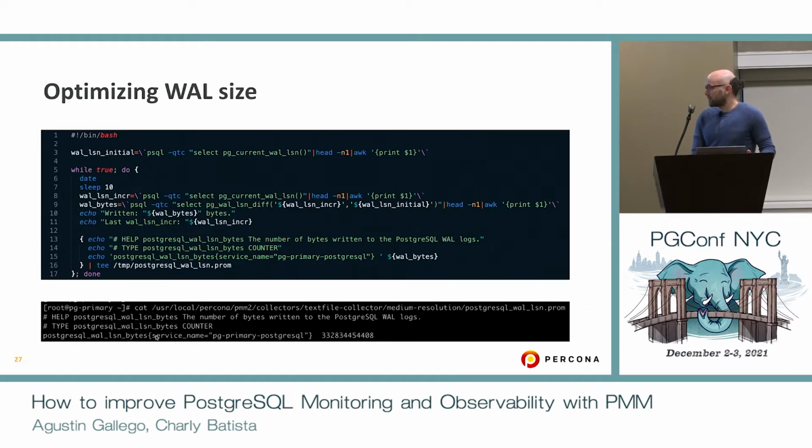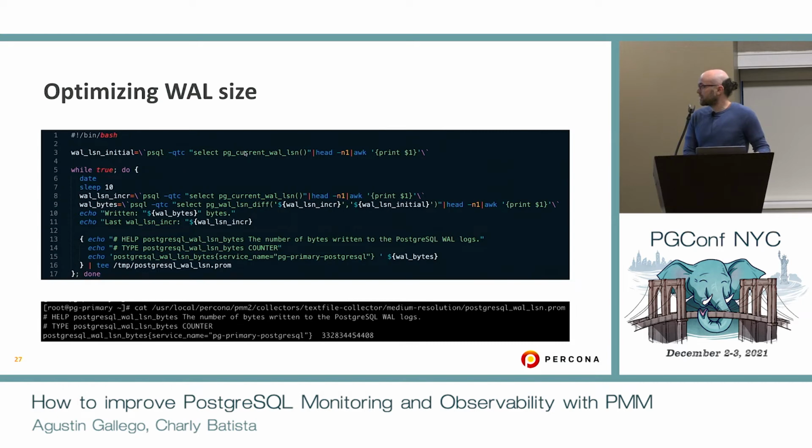Then you have these tags and the values. And you can have a comma here and an undefined amount of tags there. And then finally, the value for that metric. Right? In this case, we defined it as a counter, and it's the number of bytes being written to the logs. Right?